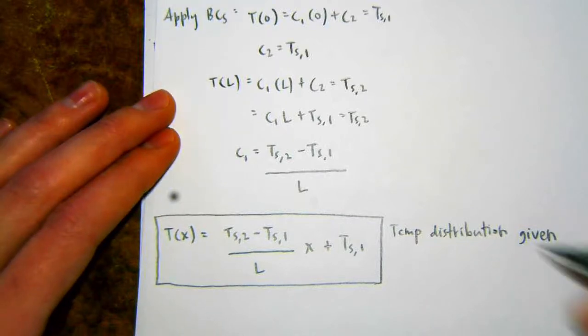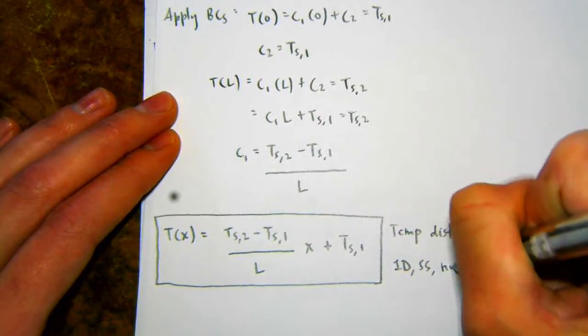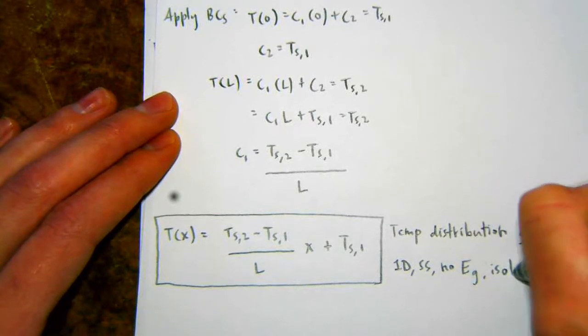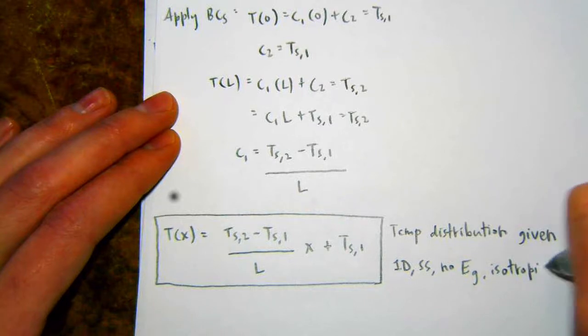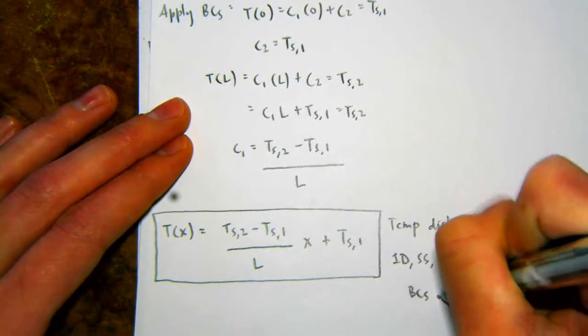So this is the temperature distribution given a 1D system, steady state, no energy generation, isotropic, and boundary conditions of the first kind.